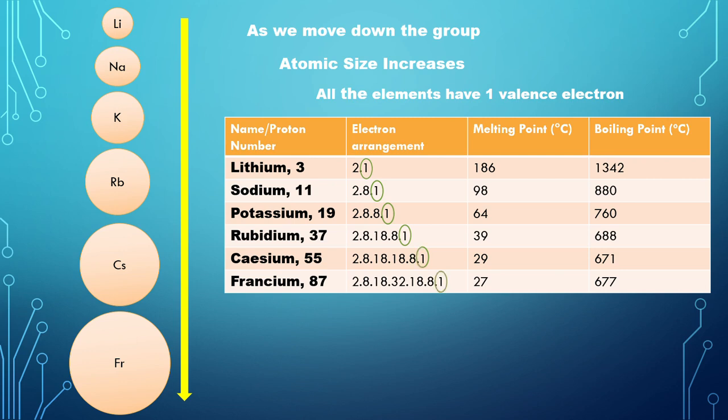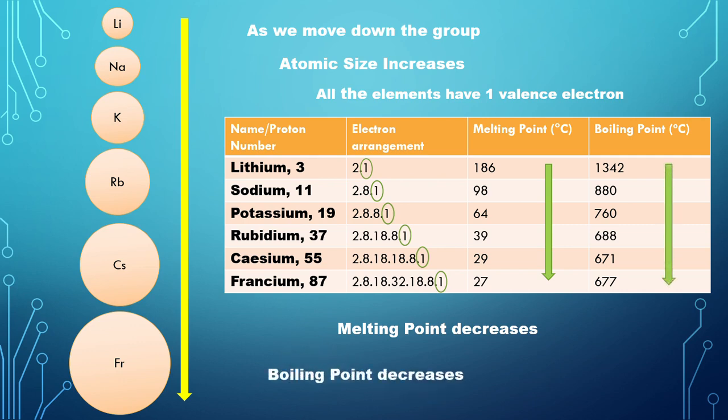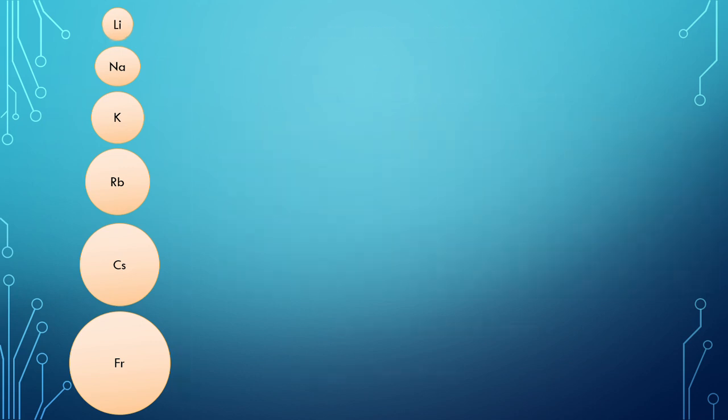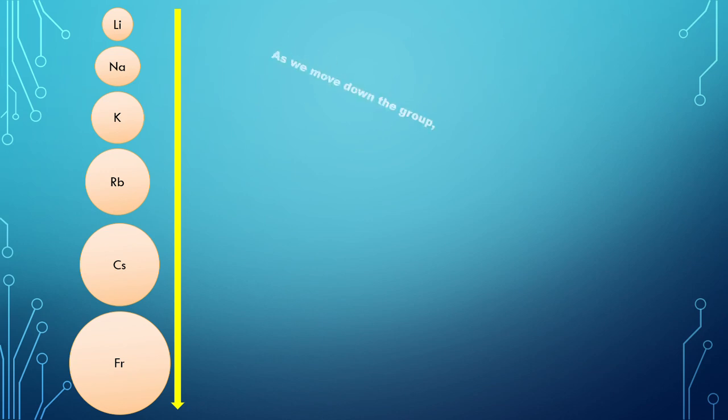Apart from this, the melting point of the element decreases as we move down the group. Similarly, you will notice the boiling point of the element also decreases as we move down the group. Another point to be noted is that metal gets softer as we move down the group.